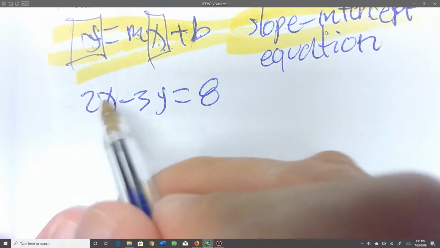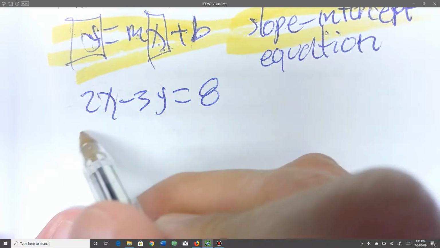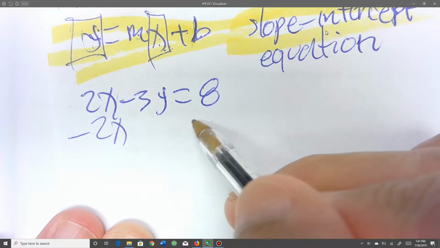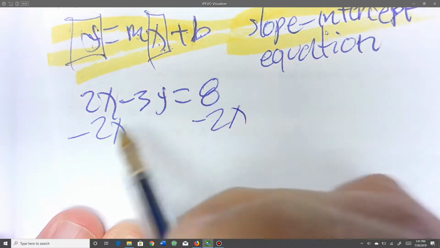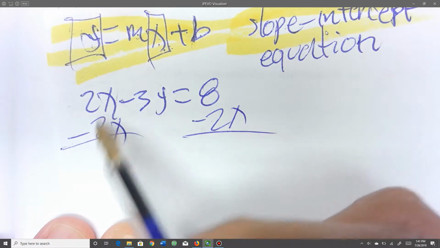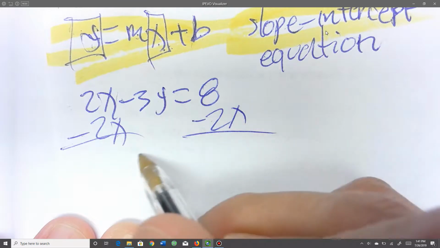Since it is a positive 2x, I'm going to need to subtract 2x from both sides. Positive 2x minus 2x is 0.